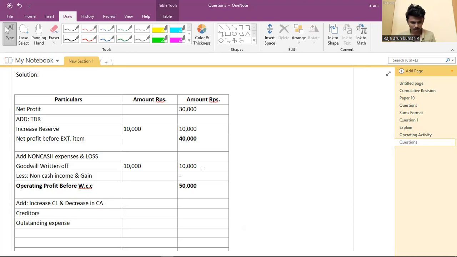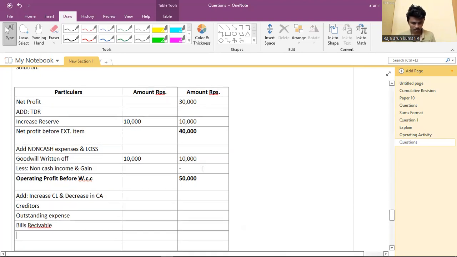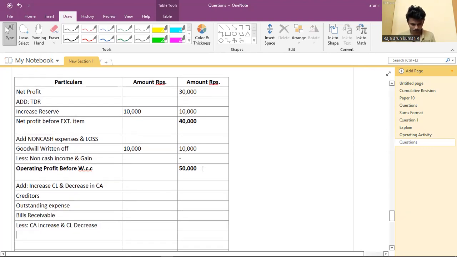Outstanding expenses, bills receivable, less current asset, stock, and debtors.